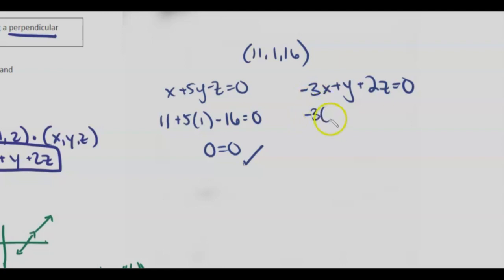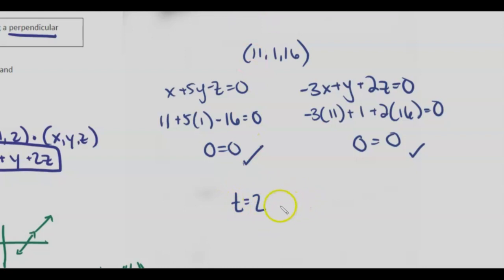Now, if we do negative 3 times 11 plus 1 plus 2 times 16 equals 0, again, we're going to get 0 equals 0. So 11, 1, 16 is perpendicular to our second vector. And if we took even a multiple of this, so say we did the parameter t equals 2, we're going to get the vector 22, 2, 32.